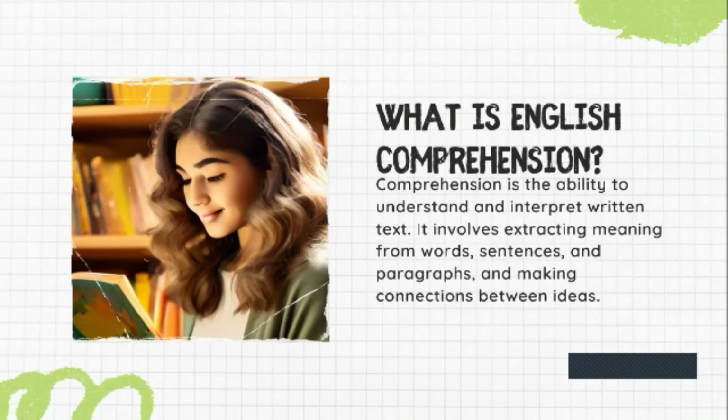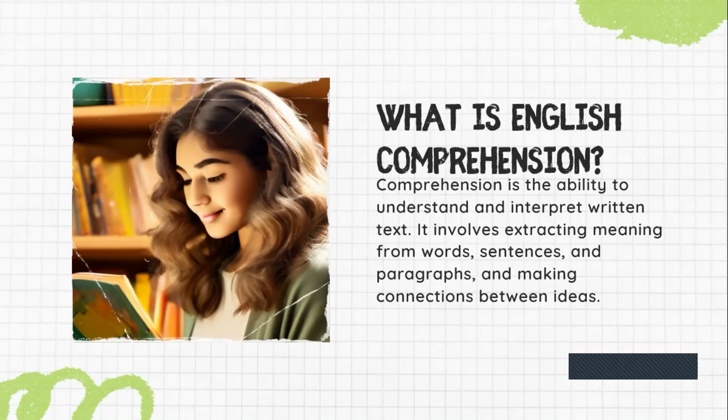What is English comprehension? It's the ability that a person has to understand and interpret written text. Based on this, it involves extracting meaning from words, sentences, paragraphs, and making connections between ideas.